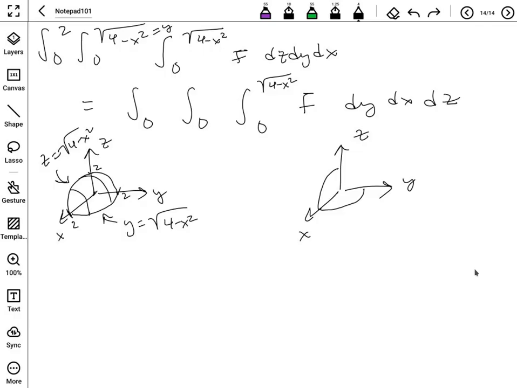So I'm just going to look at the zx part of my surface now, which is way easier. It's like that. And my x, I want to do first. It's the thing that's going to depend on the curve. It's still bounded below by 0, so that's okay. But then it goes out to this curve, z equals root 4 minus x squared.